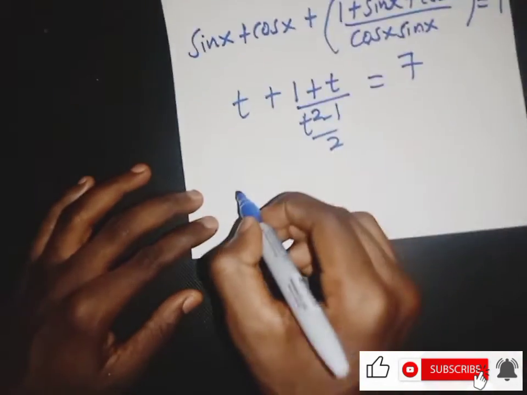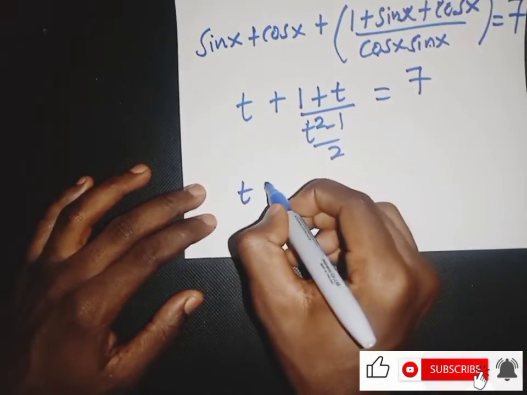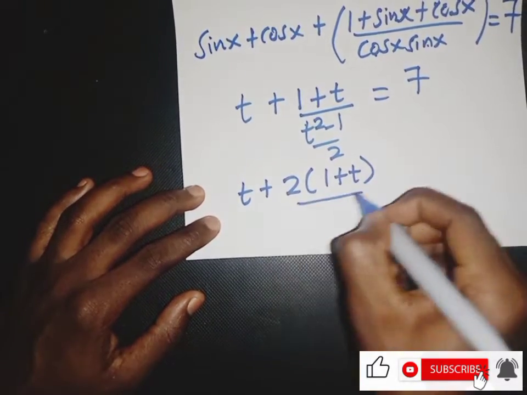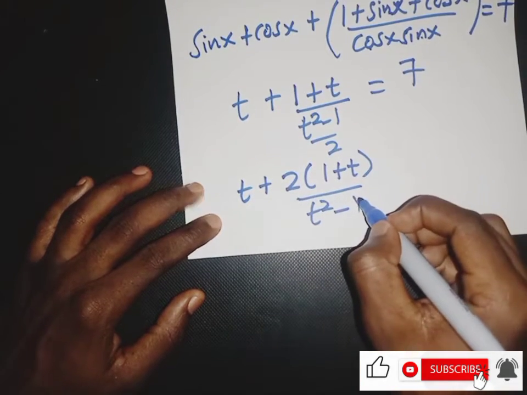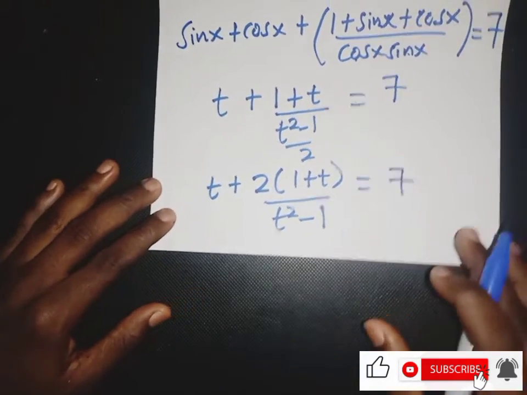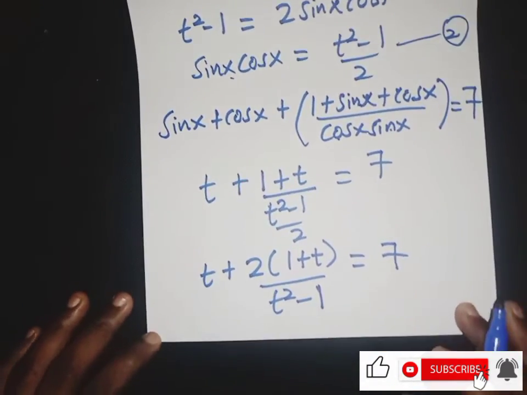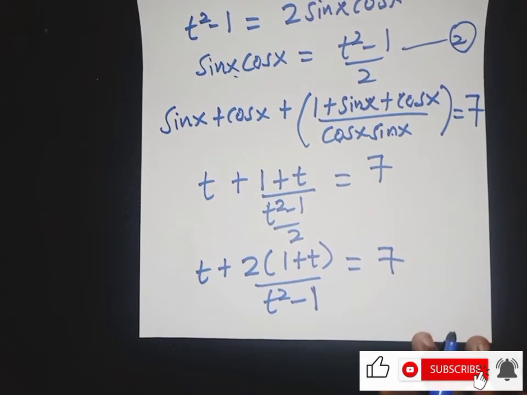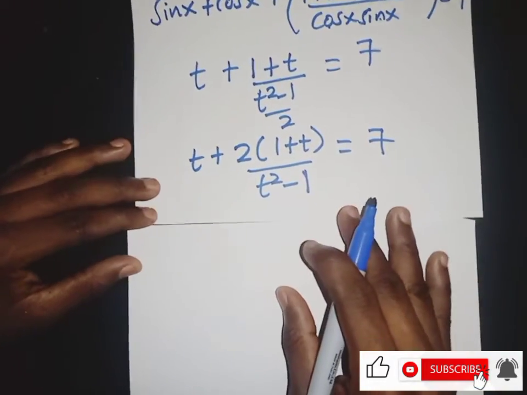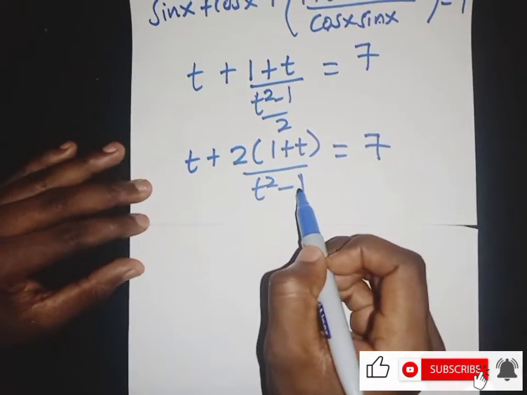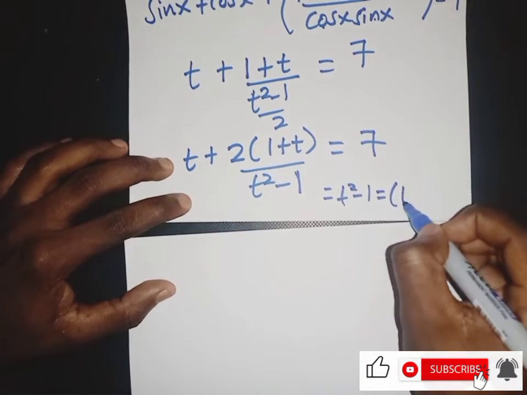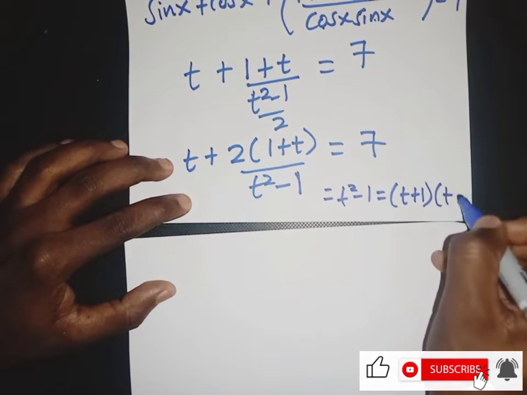Quickly we can write this as t plus 2 into bracket (1 plus t) divided by (t squared minus 1), equal to 7, right? Now we've made the equation easier to solve, so we are going to find what t is. If you look at t squared minus 1, you know that it is just (t plus 1) times (t minus 1).